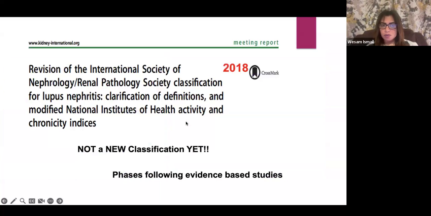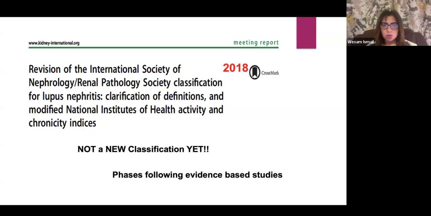And before I move to the classification, it's always important to tell you that in lupus glomerulonephritis, if you want really proper classification and scoring, a single core is not enough. A biopsy with 6 to 8 glomeruli is not enough.